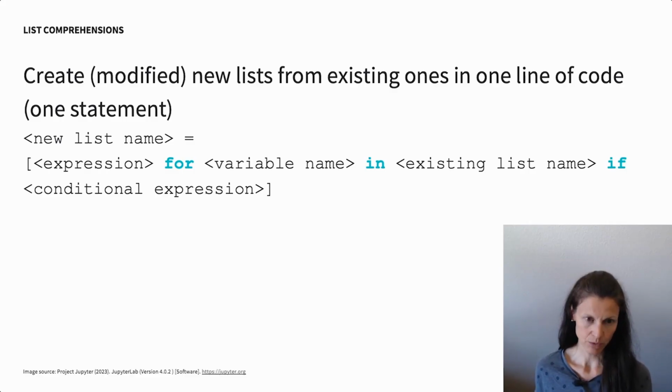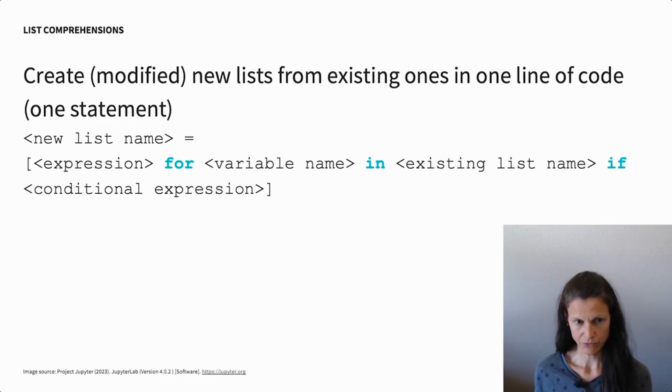Again, the keywords are bold and colored. We see here for, we see in, and we see if. So it's kind of a combination of for loops and conditional statements. And then you see in triangular brackets, again, placeholders for expressions and for variables. And what you also can see here is that we have the square brackets.